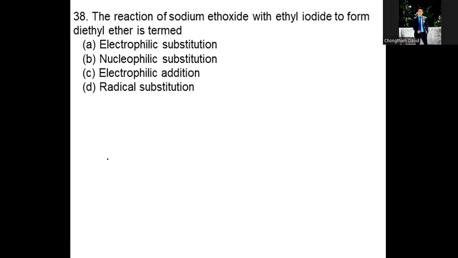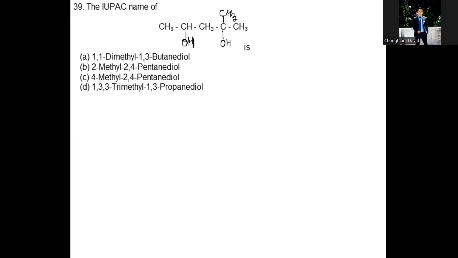See, this reaction is known as Williamson synthesis. We have done this 2 questions previous. So it is a nucleophilic substitution reaction and proceeds via substitution nucleophilic bimolecular. So B is the answer.